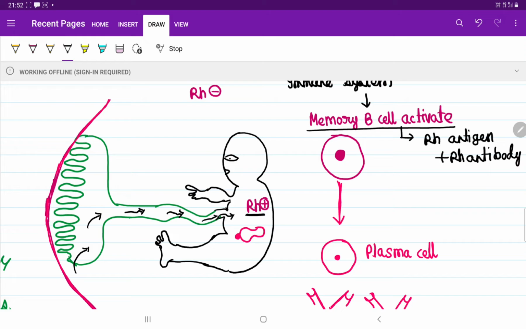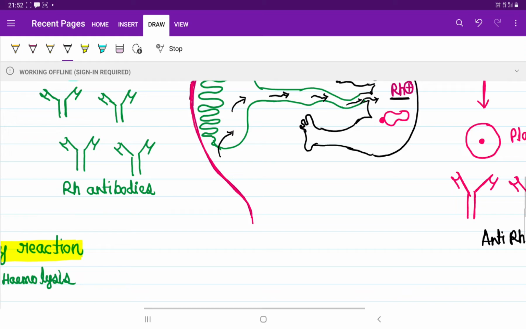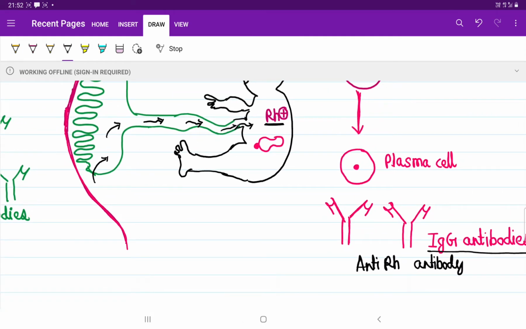And then they will cause mass destruction of Rh positive red blood cells. Rh positive red blood cells are going to break on a mass level.